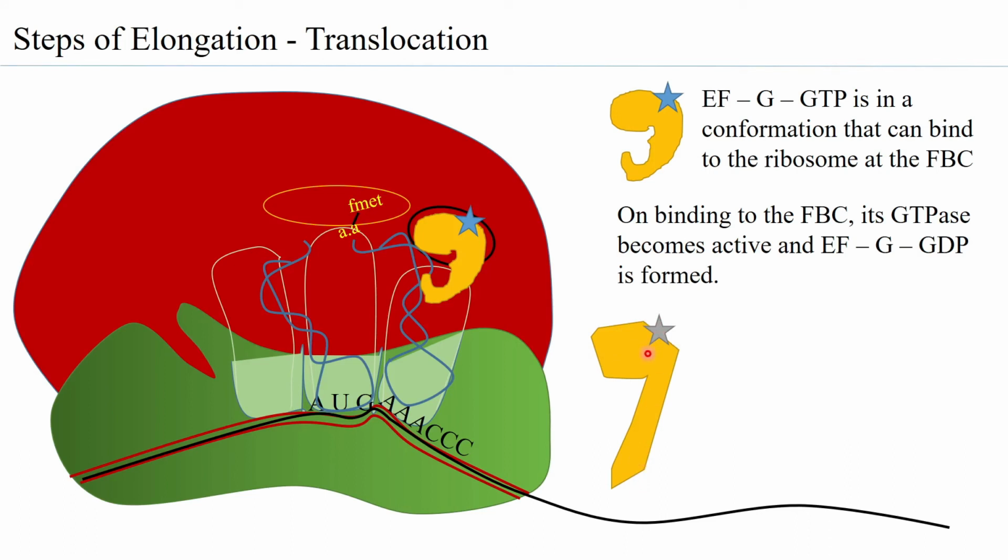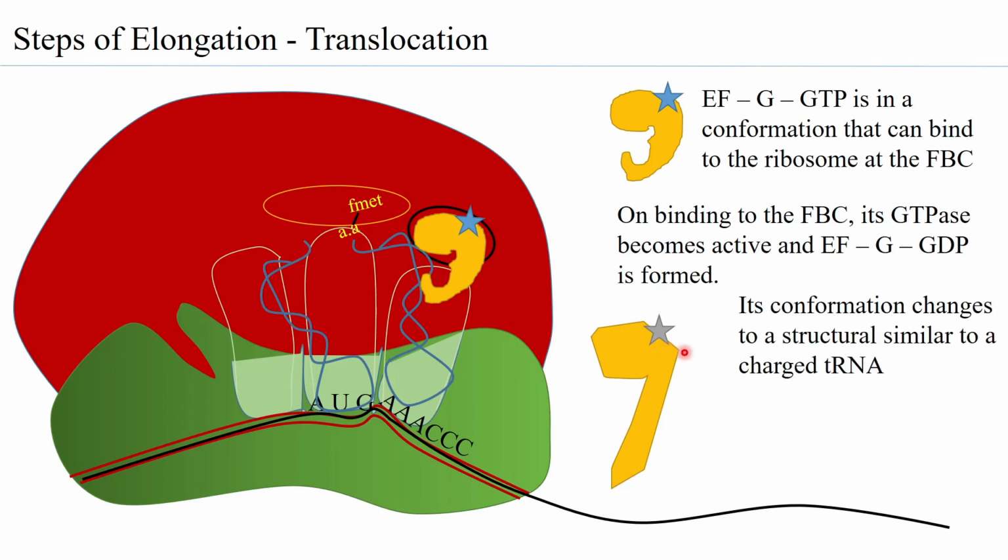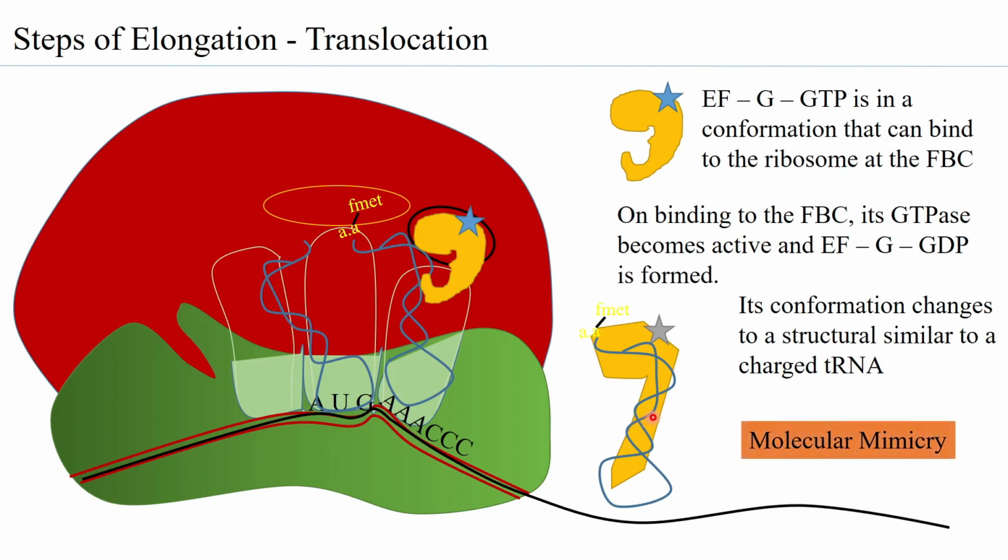One important thing to be noted over here is that the conformation that it takes up when it is bound to GDP is very similar to a charged tRNA. Okay, and therefore such a phenomenon where one molecule is mimicking the other molecule is called molecular mimicry, and this molecular mimicry plays a very important role, especially in transcription and translation.